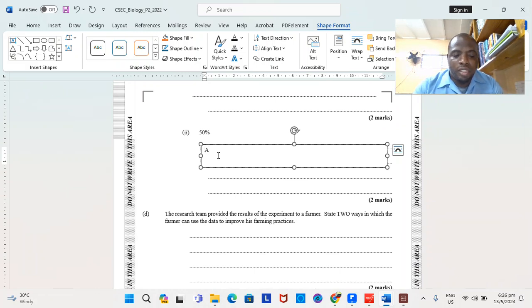So the 50% concentration affected the germination of seeds, causing only 21 seeds to germinate. Some persons may want to go with percentage. You can say less than 50% of the seeds germinated.